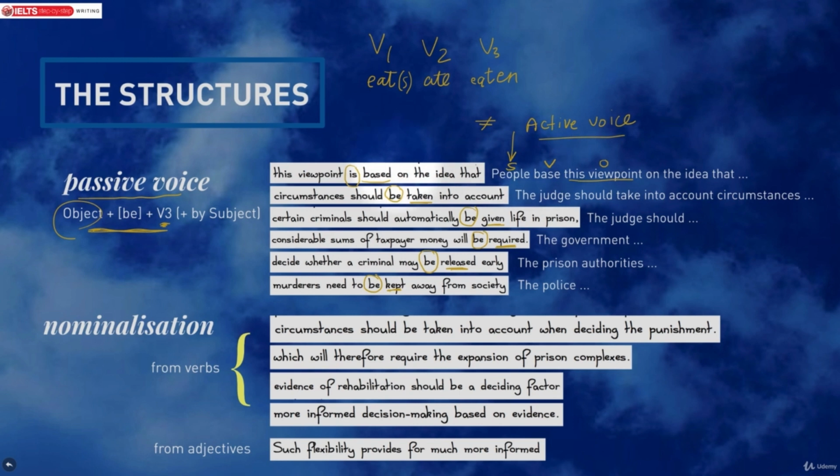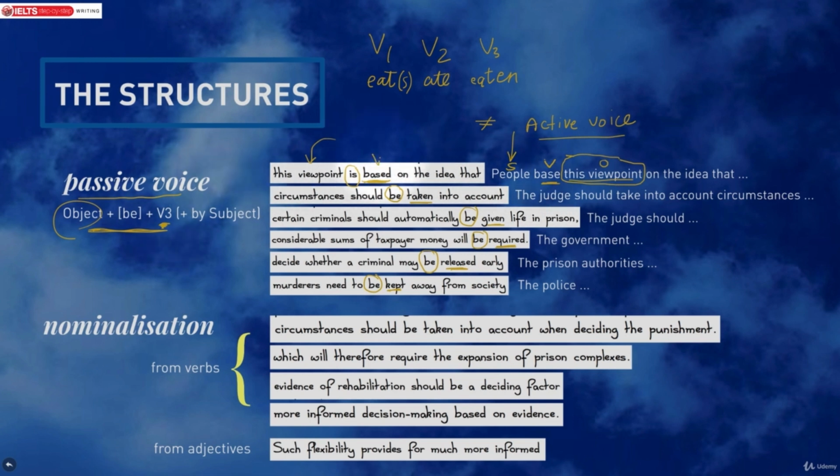All right, so basically to form the passive voice, we take the object of an active sentence and we move it into the position at the front of the sentence. So have a look at this. This viewpoint comes at the beginning. Then we need the verb. Here's base. Problem is, it's in the incorrect form. At the moment, it's sitting in verb 1, but we need it to be in verb 3.